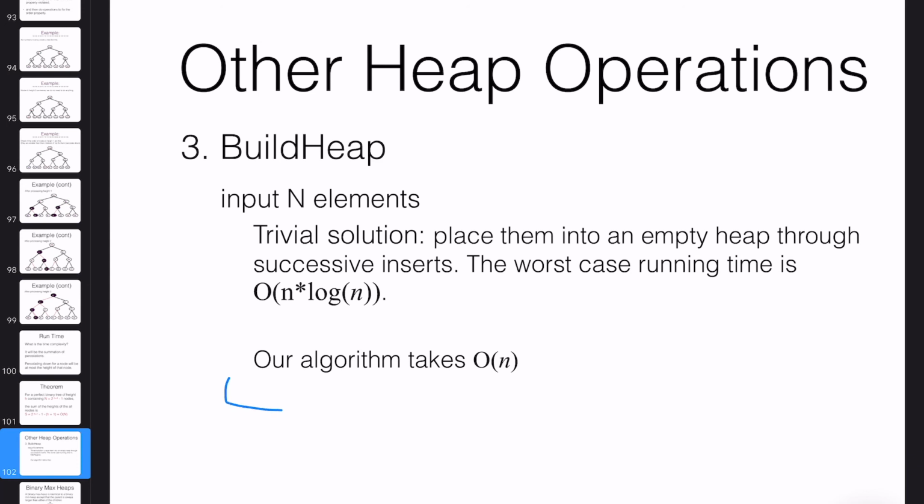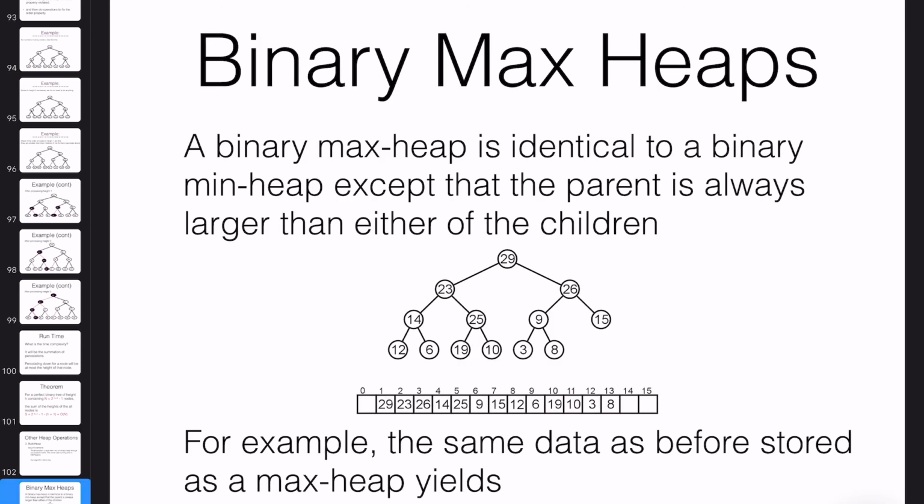The build heap and its time complexity are very important for us, because build heap can create a heap out of an array in place and in linear time complexity. It makes it very efficient, and the algorithm is in place. We don't use additional space. This term in place, I know you probably haven't heard about it. We will talk about it when we talk about the sorting algorithms.